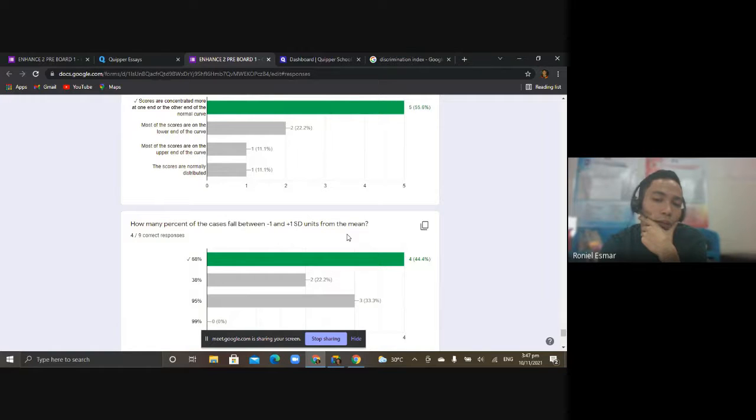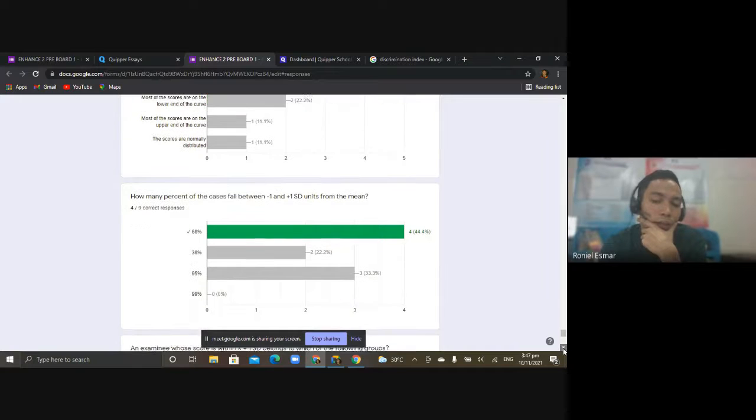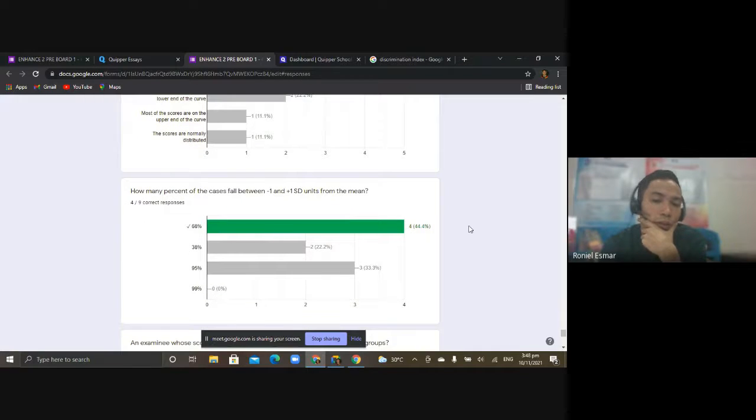If it's the mean or the average, therefore, the number of students whose scores fall within this range in the table are close to the average or the mean of the score distribution. So that's why it should be 68%.